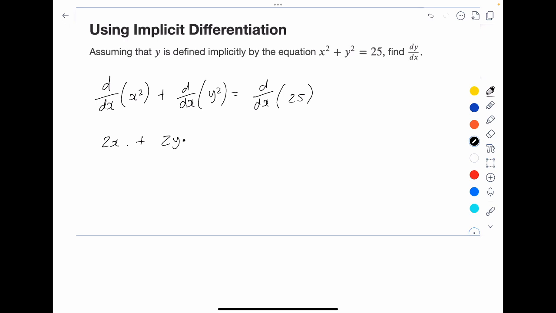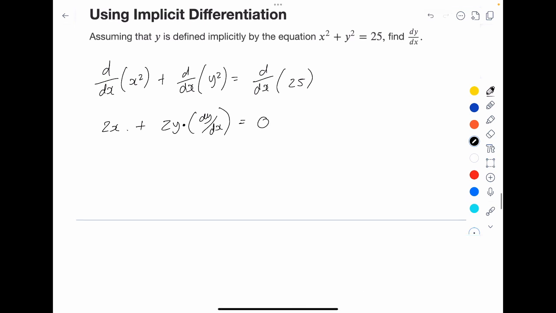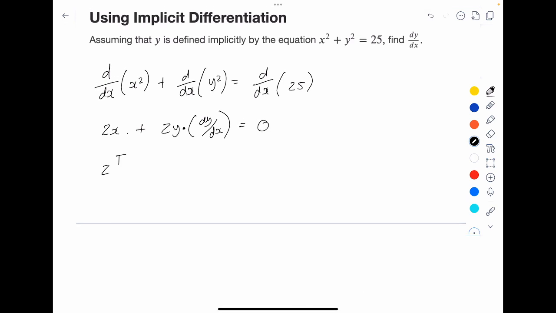We have 2y, and then what's the derivative of y? Well, the derivative of y is dy by dx. And so we get that, and then the derivative of 25 is 0. And so from here, we can take out the 2, so all we're left with is x plus y dy by dx is equal to 0.